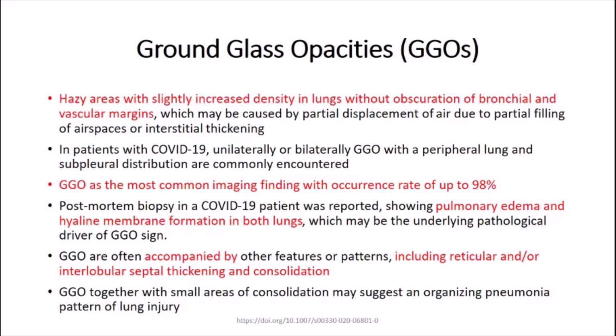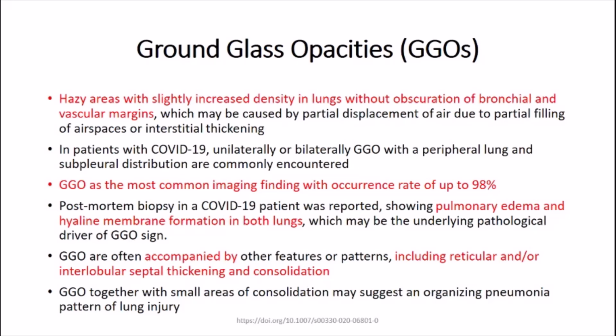So first, the most common is the ground glass opacities. What are ground glass opacities? They are hazy areas with slightly increased density in lungs without the obscuration of bronchial and vascular margins. Okay? So it's just a hazy area.